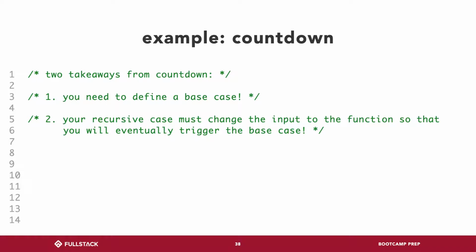So what's a good thing to check for strings and arrays? Dot length, right? But I just said that we have to change the input every time. So if we're checking to see if dot length is 1 or 0, what's a good method to use to get rid of one thing each time?